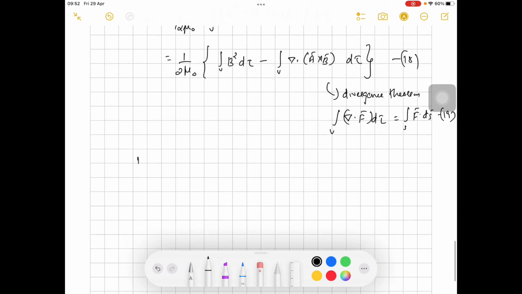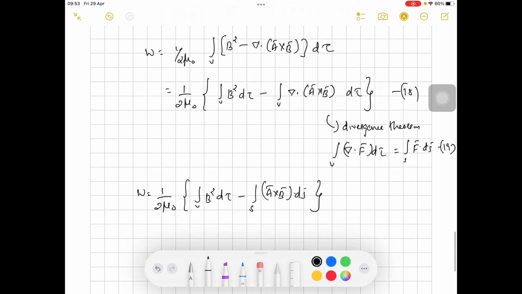Then you can write W is equal to 1 by 2 mu 0, which is again commonly outside, volume integral B square d tau minus surface integral A cross B dot ds. So this is the expression for work done that we have got, which is equation number 20.